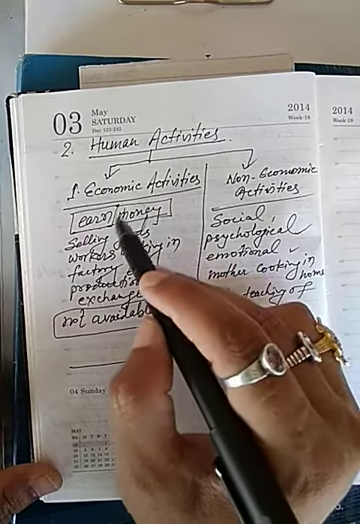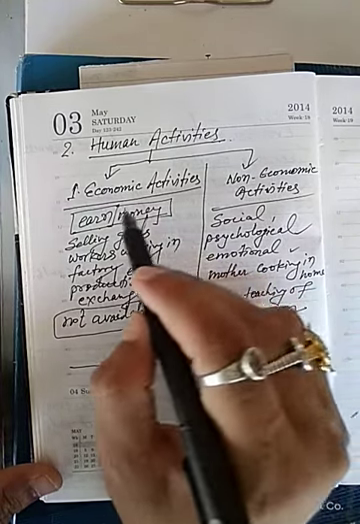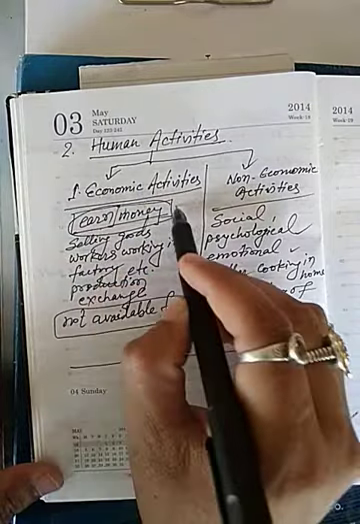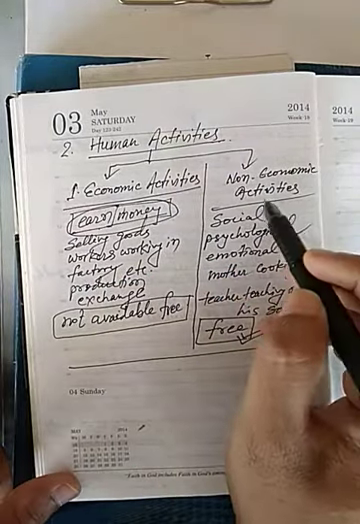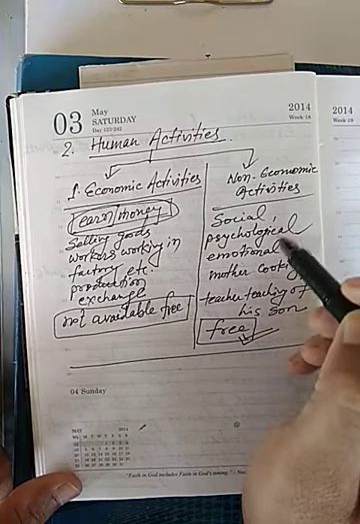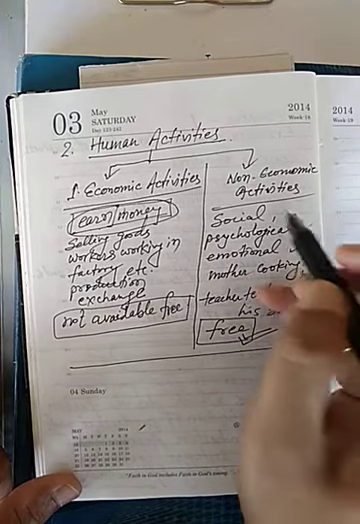In economic activity, the prime objective is to earn money, and in non-economic activity, the main objective is to get some sort of satisfaction.